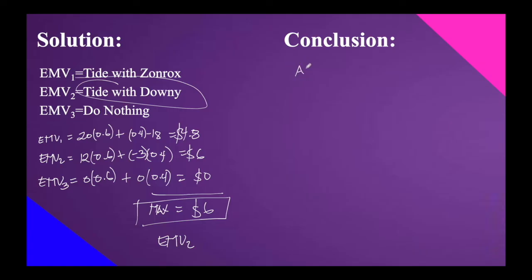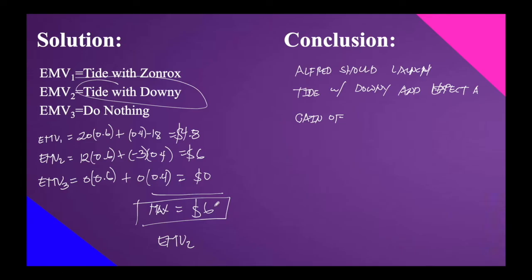Si Alfred daw, Alfred should launch tied with Downey and expect a gain of magkano? $6.